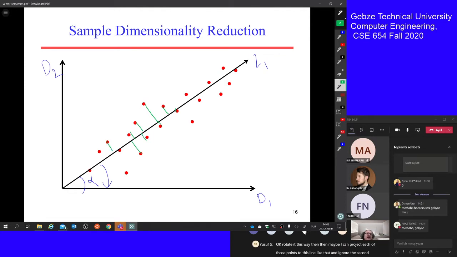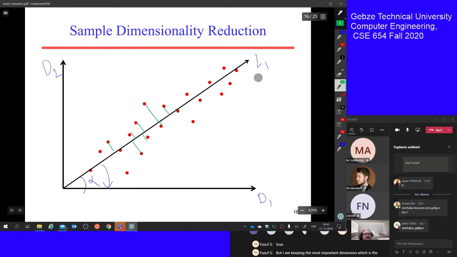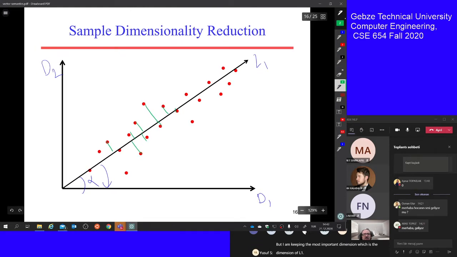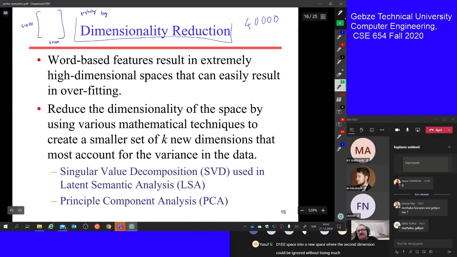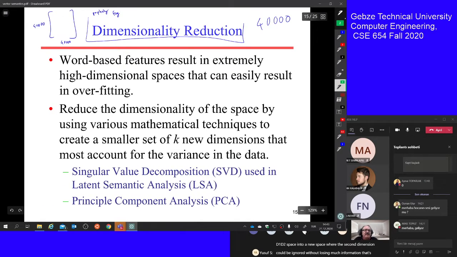Here I am losing some information, yes, but I am keeping the most important dimension, the dimension of L1. L1 is not D1 or D2, so I need to transform my D1, D2 space into a new space where the second dimension could be ignored without losing much information. That's what principal component analysis does.